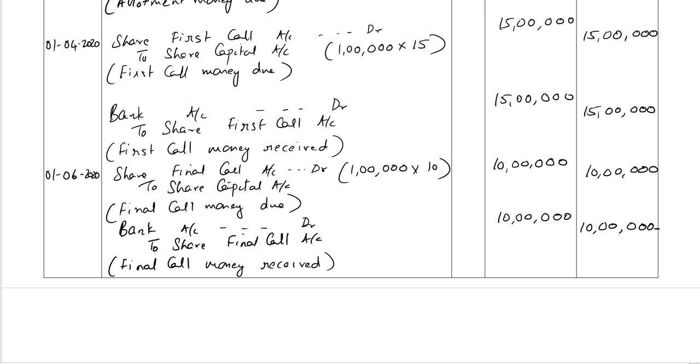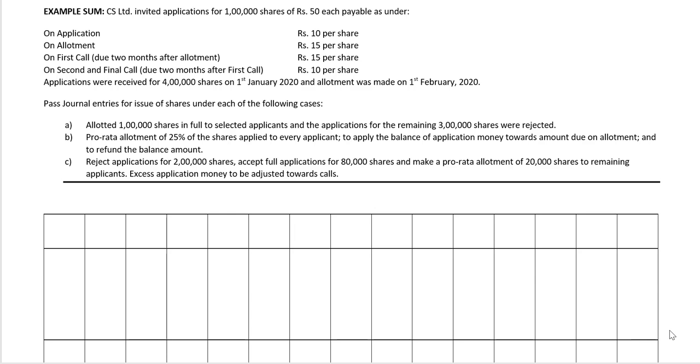And this is the second part of the journal entries. Let's move on to case C.